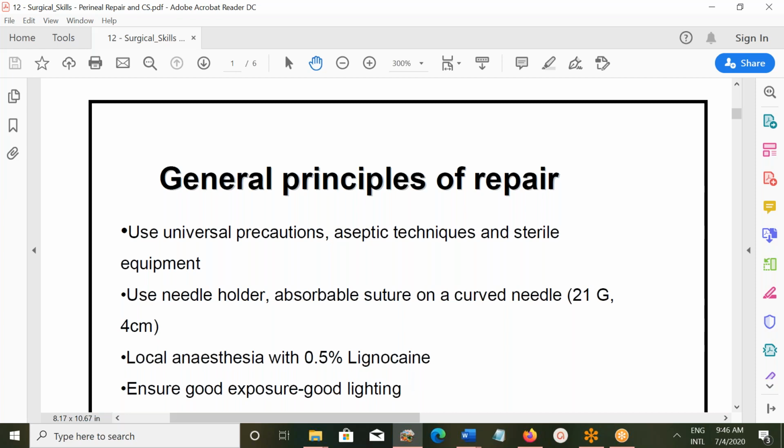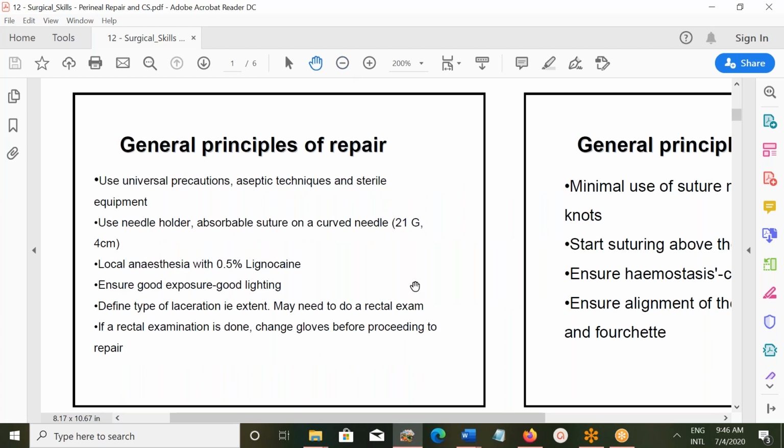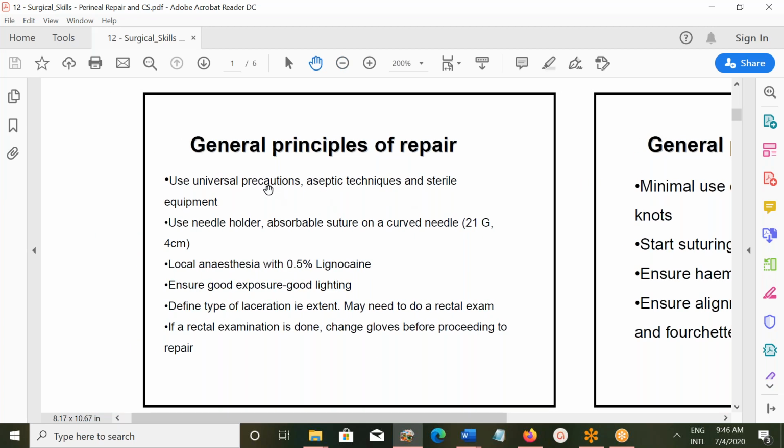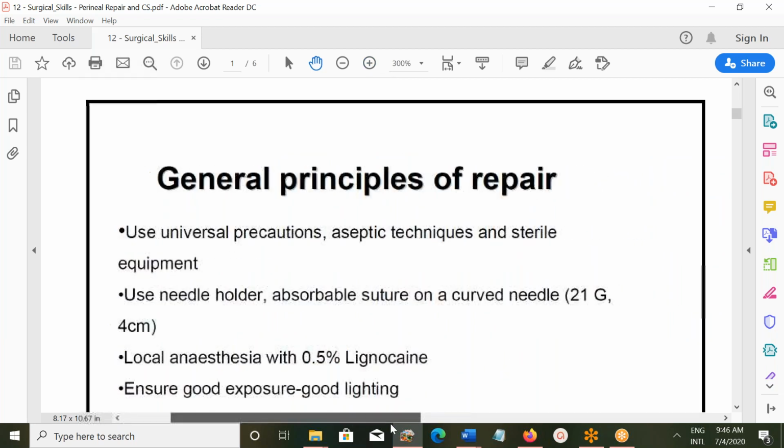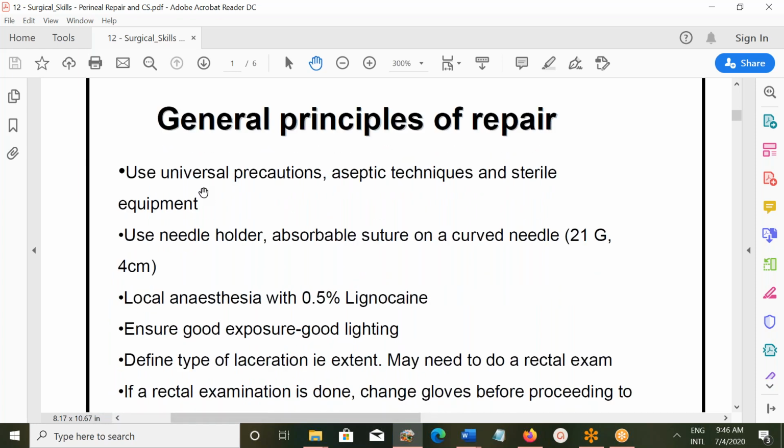When we were talking about the surgical repair of the sphincter, you have seen how we will do that. And then you should remember that there are certain principles of repair. What exactly are they? If we talk about the repair principle, it means we have to use universal precautions. What are the universal precautions? You have to keep yourself safe and you have to keep your team safe.